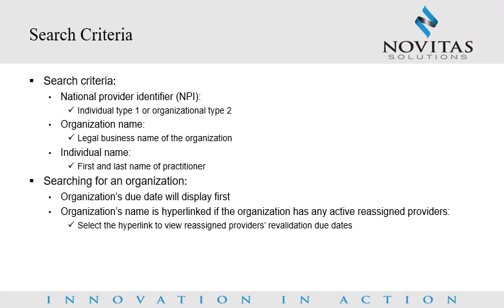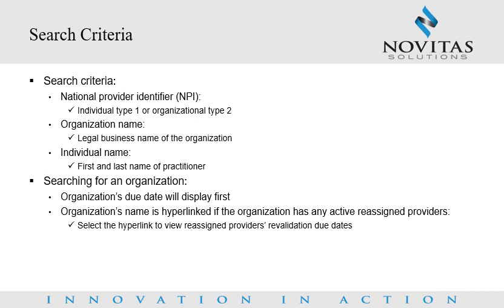Search criteria. There are a few different ways the tool allows you to search. For an individual, you can search by the Type 1 National Provider Identifier, or NPI, or first and last name. For an organization, you can search by the Type 2 NPI or legal business name.